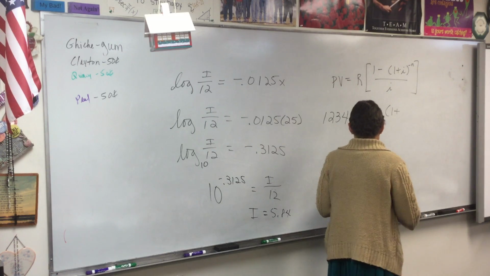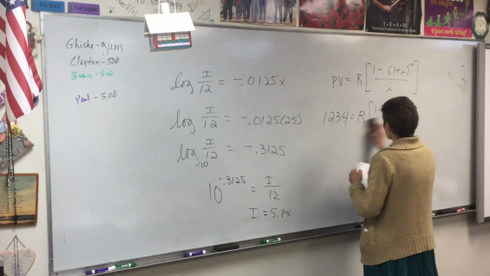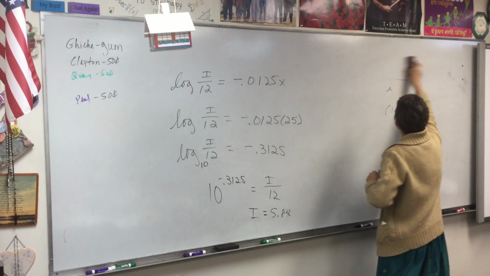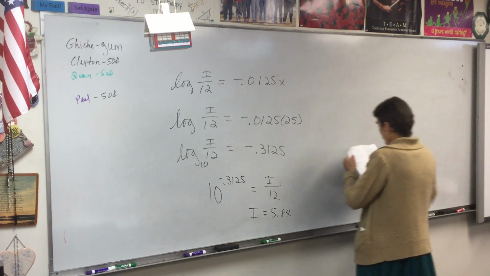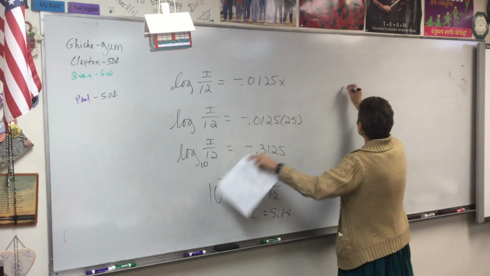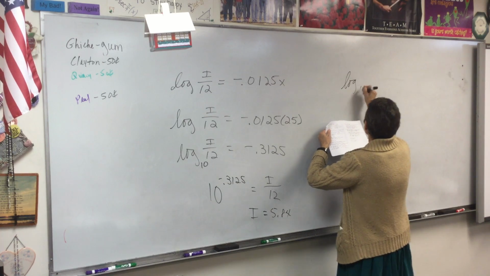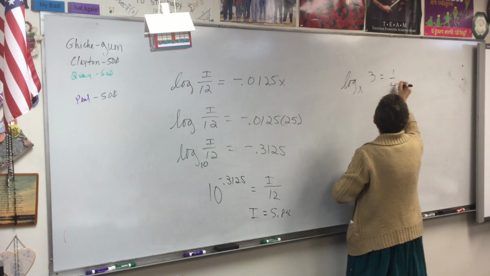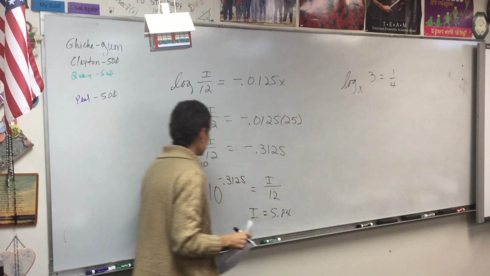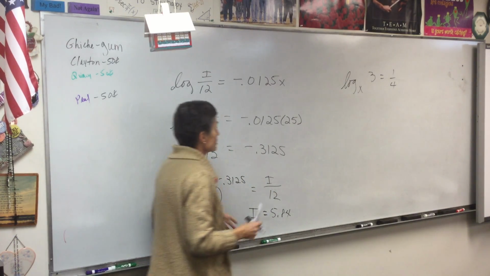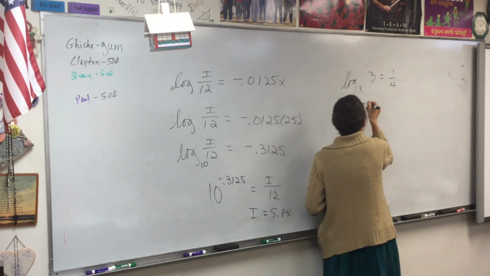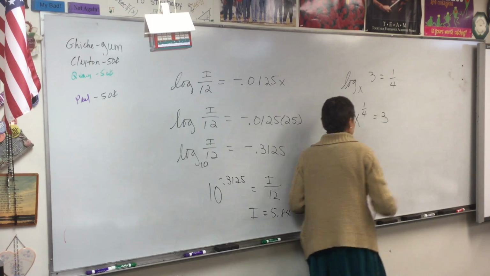C is going to require a little bit more work. How are you going to approach C? You're going to do it just like you did here. You have a logarithm that you have to get rid of. It's exactly the same as this problem right here. So you're going to write it x to the 1/4 equals 3.